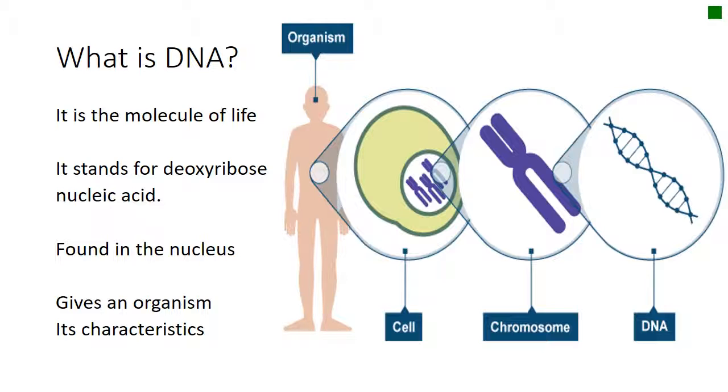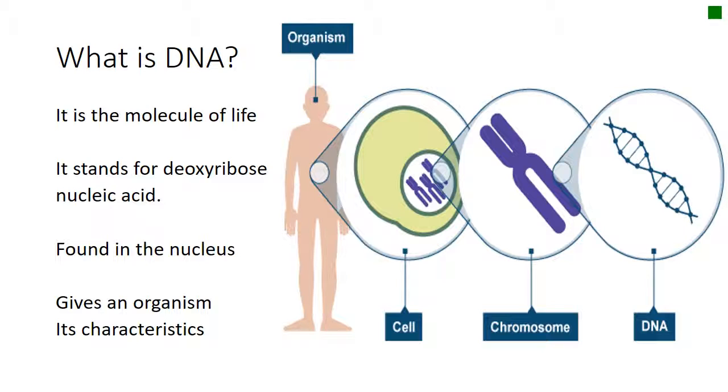But then builders who construct bridges, for example, will look at these blueprints and start building the bridge. So the DNA is like that blueprint. The DNA is a set of instructions that guides the activities inside an organism so that the organism can develop into what it looks like.